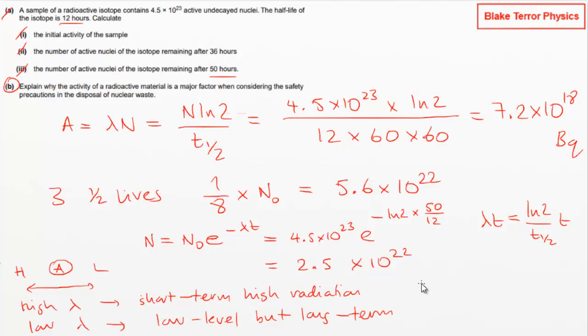So you need to be able to cope with both types of product when you're dealing with radioactive material. Have you got a really highly damaging short sudden burst because you've got high activity, or have you got a lower level but still continually damaging over a long period of time? So they're the two options where the activity comes into it.